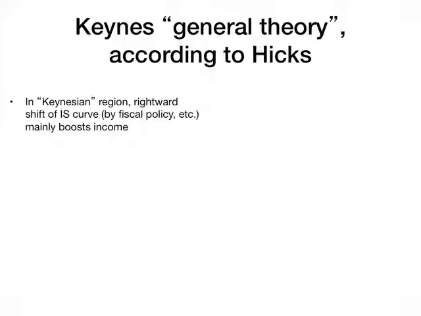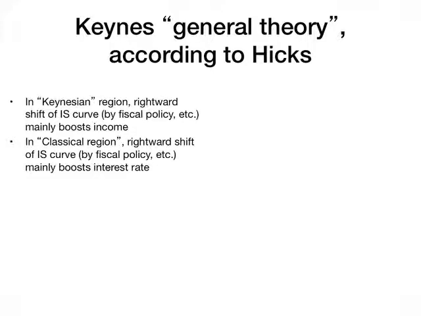So what he did was very, very clever. He said, oh, well, he's basically the same as you guys at the edges, but in the middle, any shift in the IS curve actually boosts income. Therefore, fiscal policy is a good thing. So what you should do when the economy's in bits is get the government to spend money.